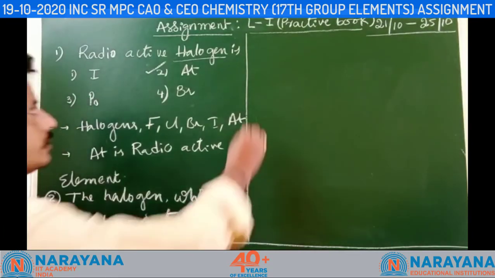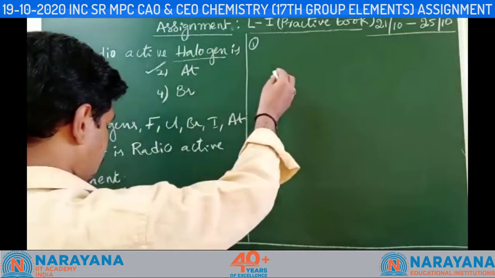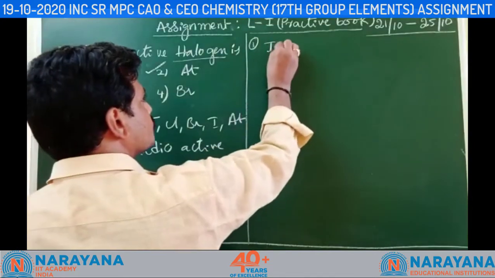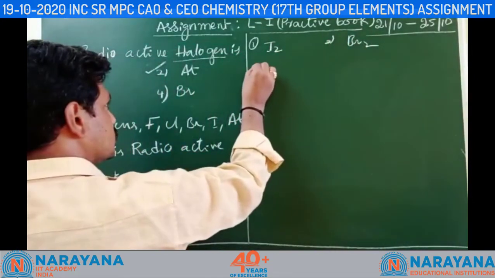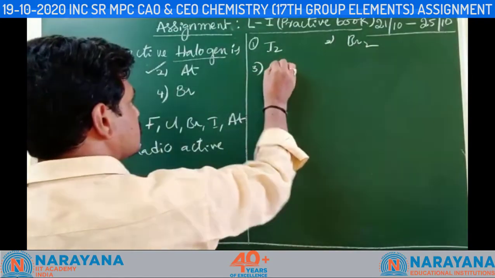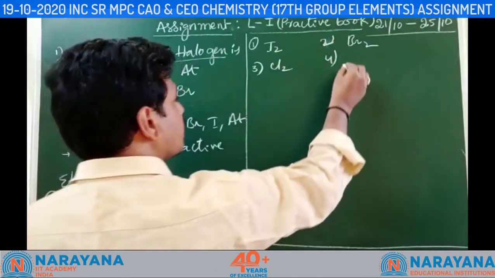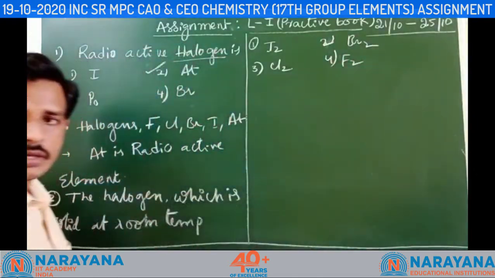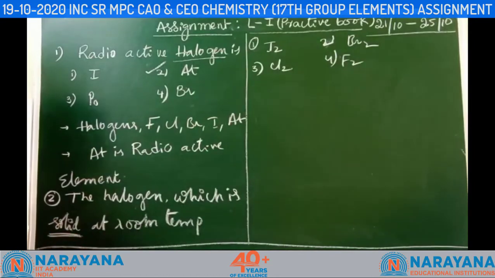So the options are, the first option is I2, second option is Br2, third option is Cl2, fourth option is F2. So what is asking? The halogen which is solid at room temperature.